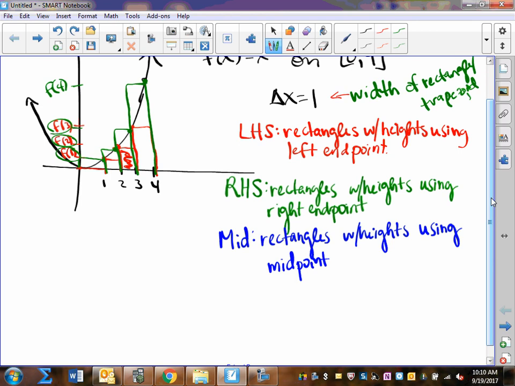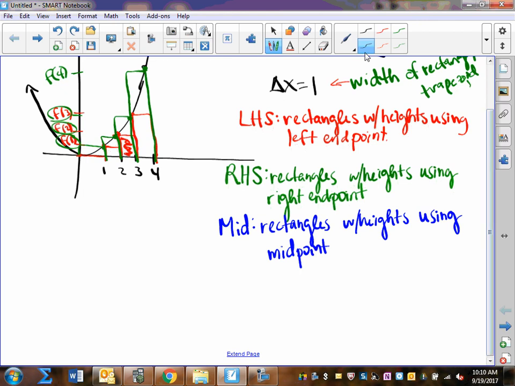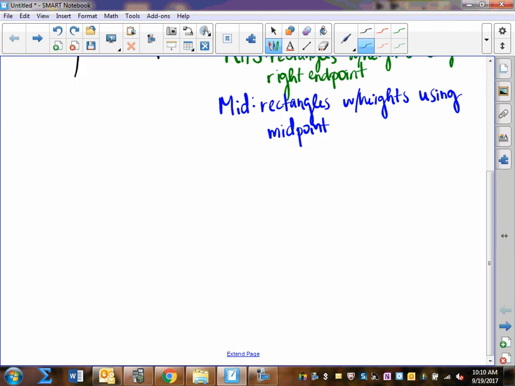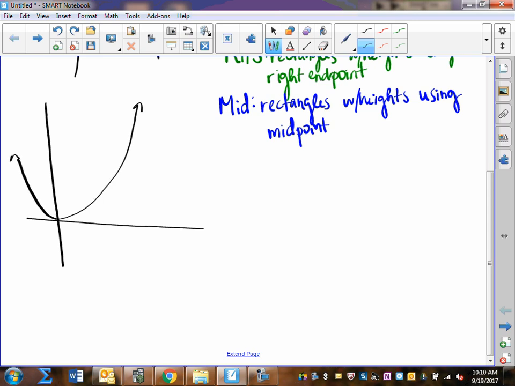I'm going to go ahead and just redraw my parabola since it's starting to look crazy here. Okay, so now for my midpoint, I have to do a little bit more work because it's no longer the 0 or the 1 that determines the height, but rather what value instead.